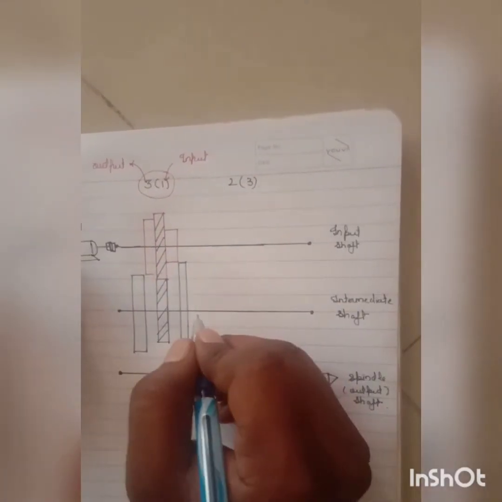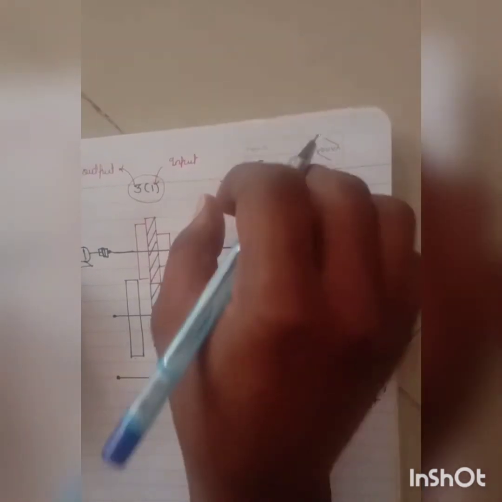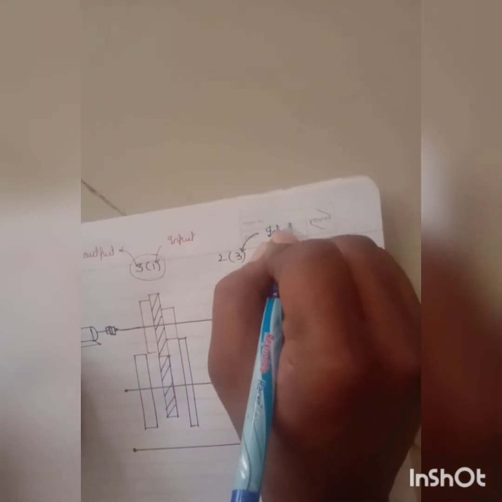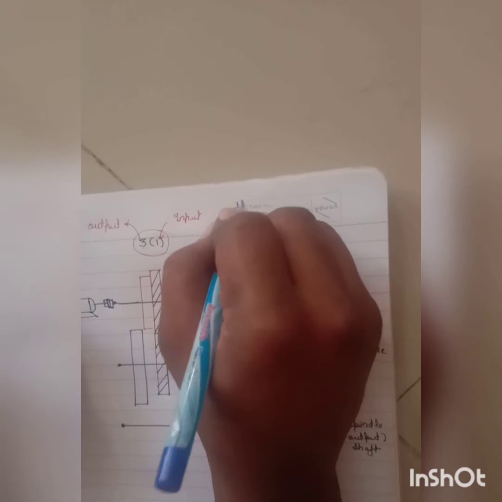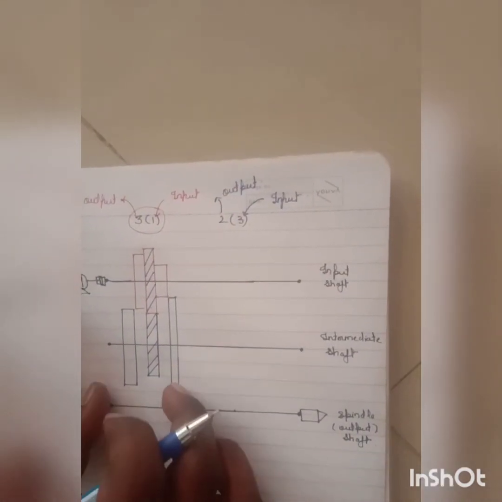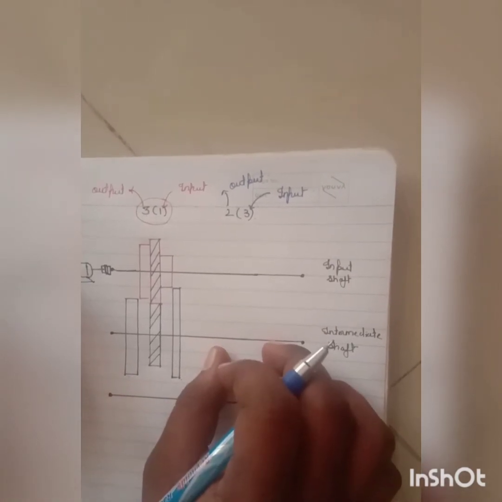Now observe, for the second transmission group, when you give 3 inputs you get 2 outputs. You can see on the intermediate shaft you have 3 inputs, so now we will draw 2 outputs.